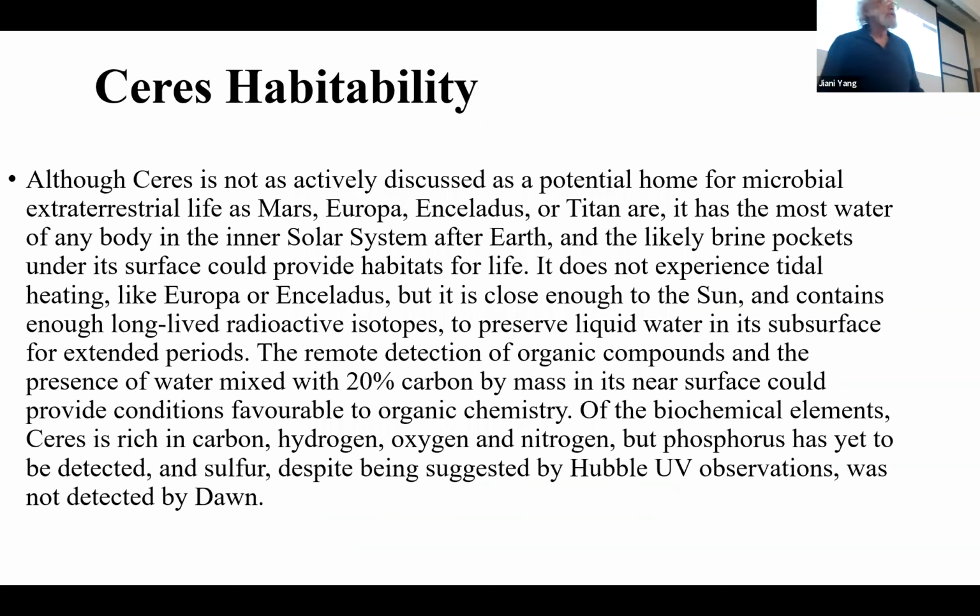So I'll read to you one of the consequences of what it says. Although Ceres is not actively discussed as a potential home for microbial extraterrestrial life, as Mars, Europa, Enceladus, or Titan are.